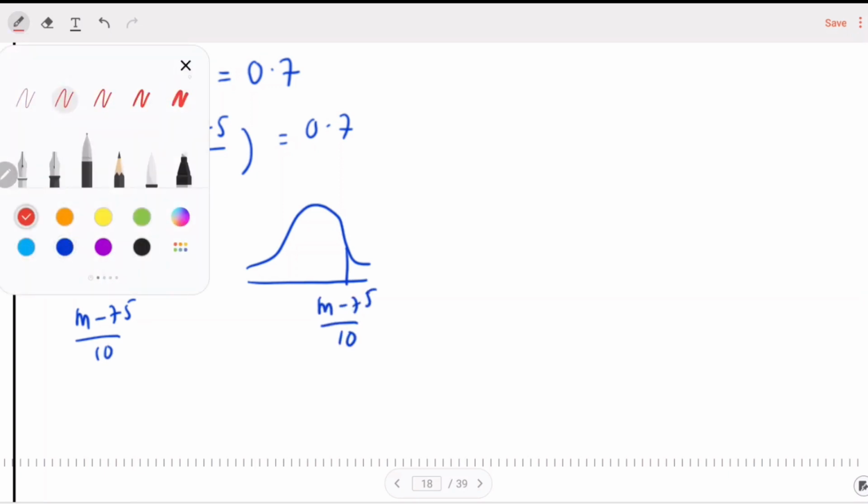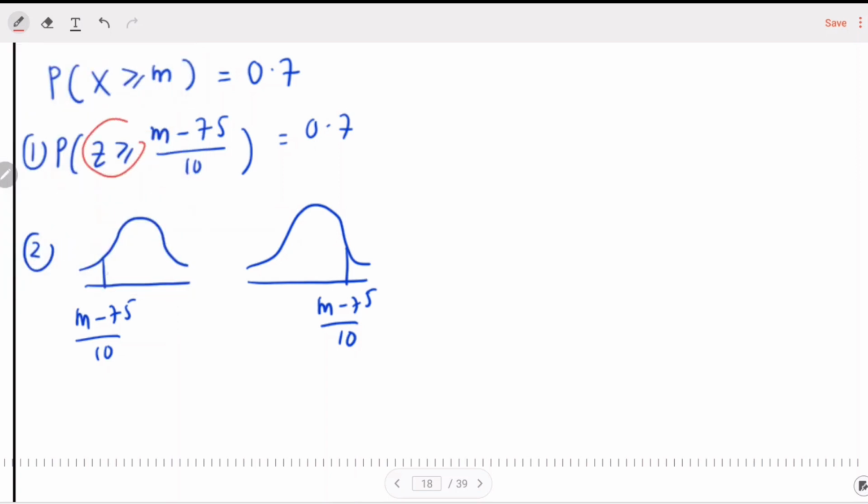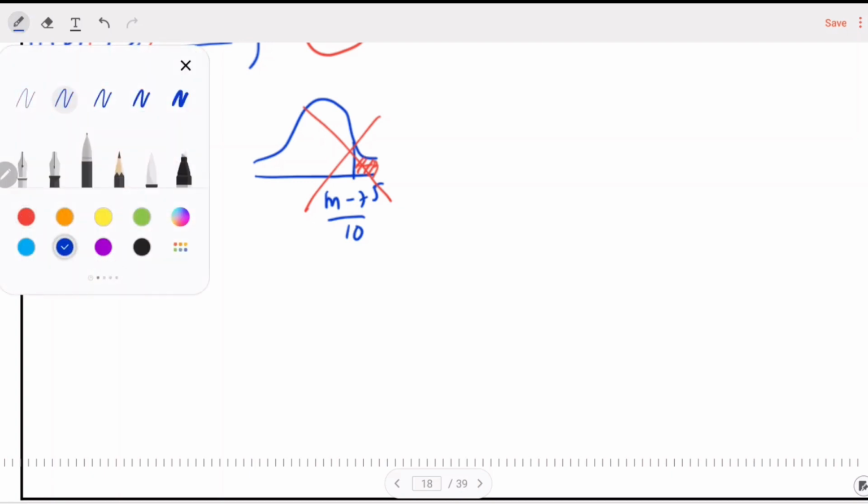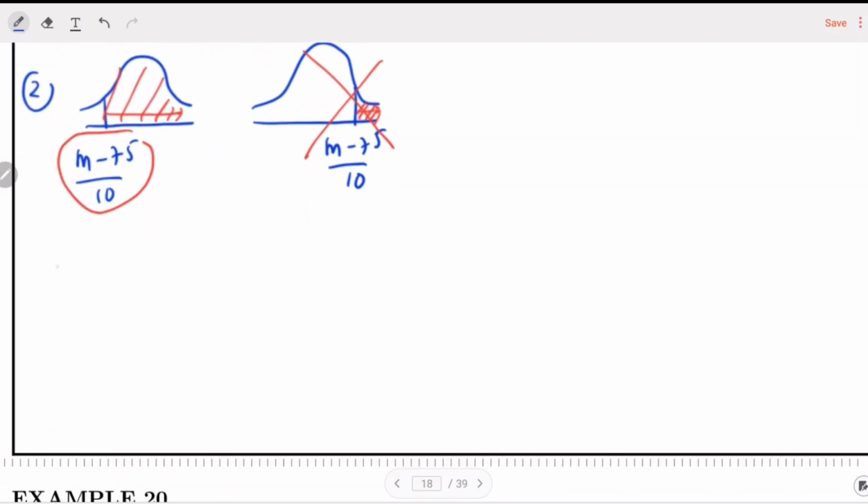The shaded region for Z greater than or equal to is going to the right. Right? And then 0.7 is a big probability, so it is not logical for this one. The logical one is that Z lies on the negative side. So we proceed to the third step.